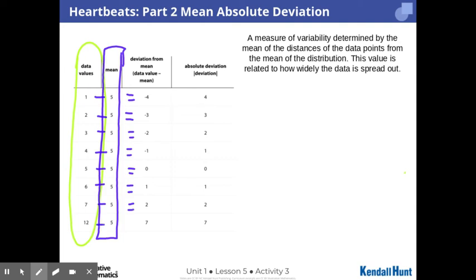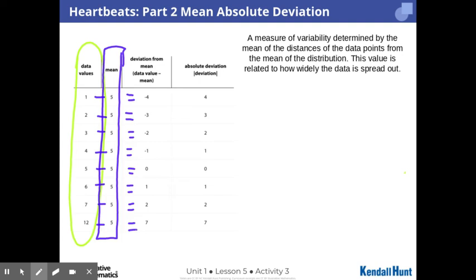And 12 minus 5 is 7. So that gives us the deviation. It tells us how far away from the mean or the average that data value is. The absolute deviation from the mean is simply the absolute value of that number.